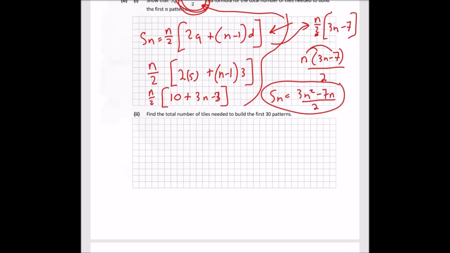Find the total number of tiles needed to build the first 30 patterns. Okay. Sn equals 3n squared plus 7n over 2. That will allow us to find however many tiles we need to build the first however many patterns. I want to find out how many tiles are needed to build the first 30 patterns. So it will be 3 times 30 squared plus 7 times 30, over 2.